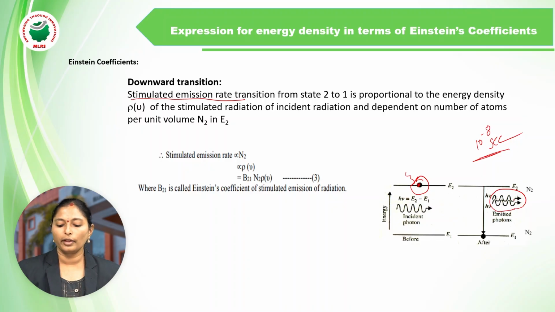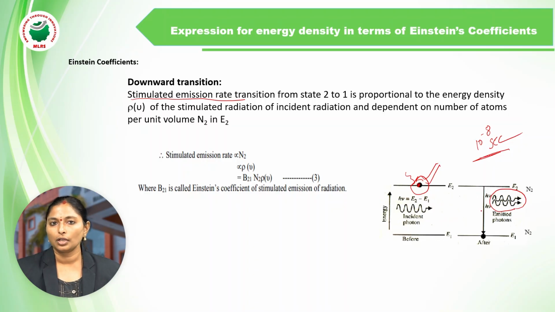How many photons? One atom is going to emit 2 photons. Why 2 photons? One is the already absorbed photon, and the other is the additionally given photon. So while emitting, the atom emits 2 photons.